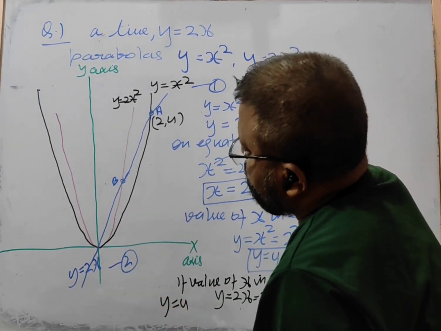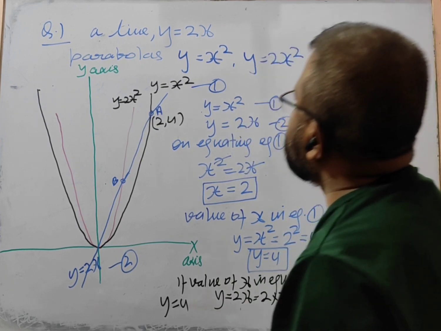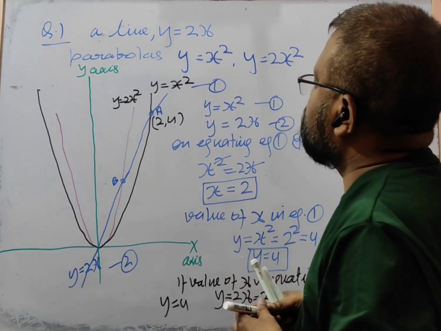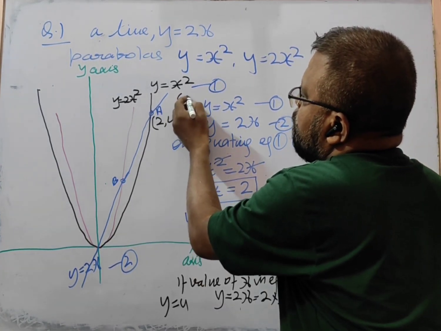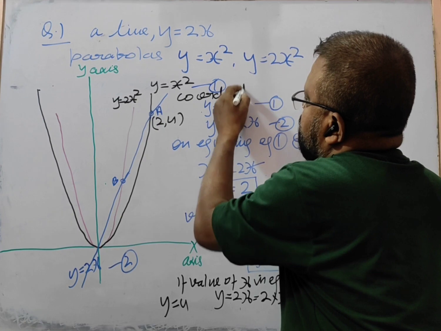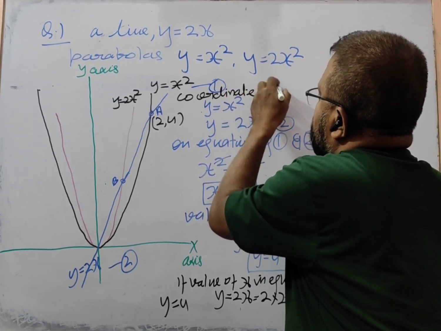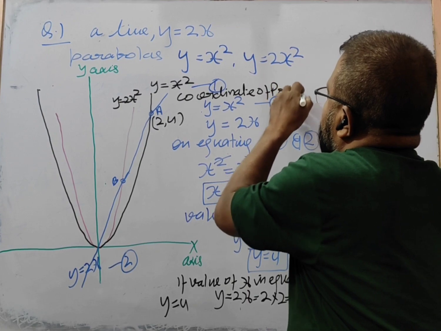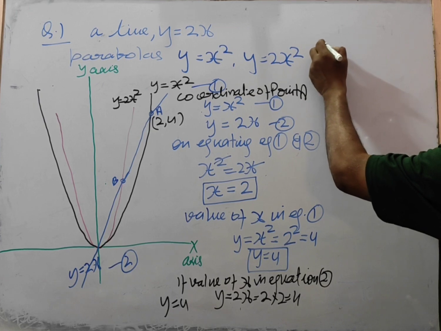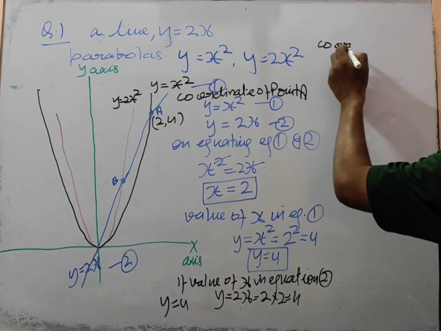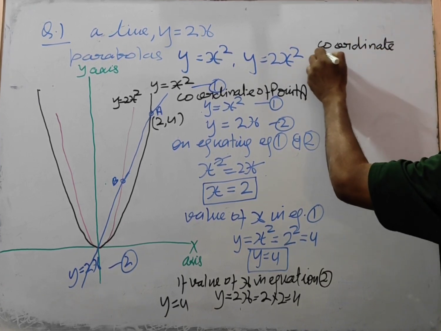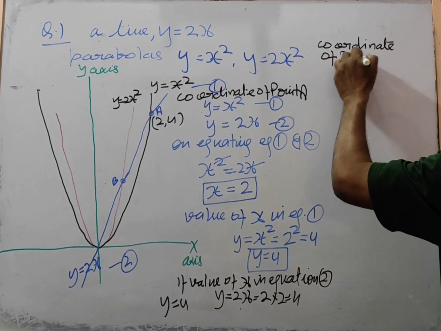This was the coordinate of point A. Now we get the coordinate of point B.